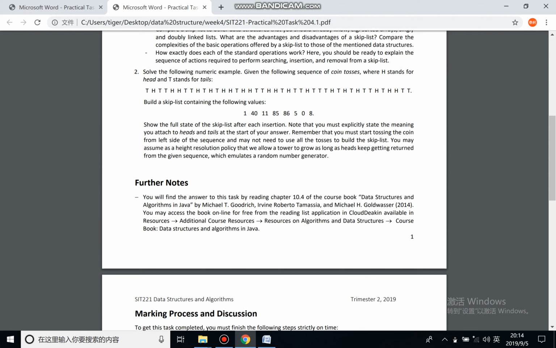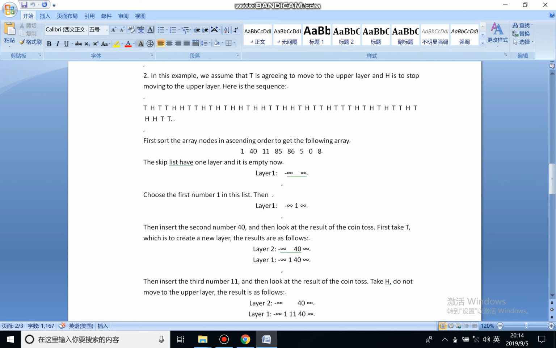The second question is to use these elements and these coin flips to construct a skip list. So the solution, I wrote it here.